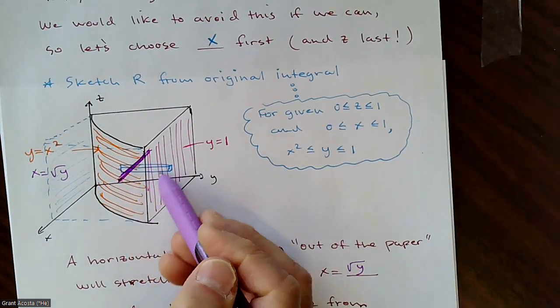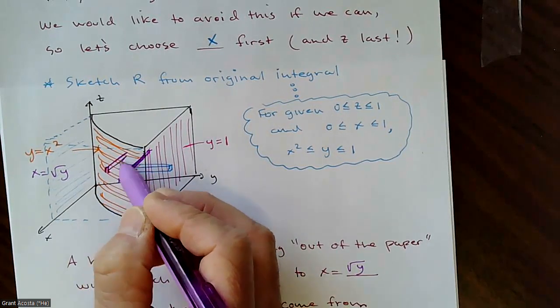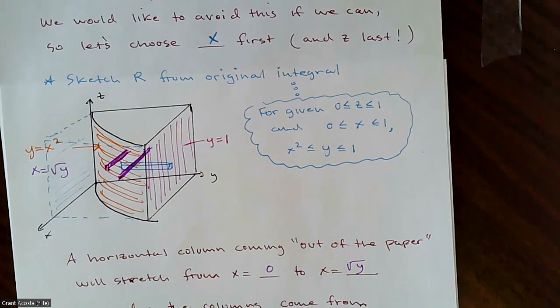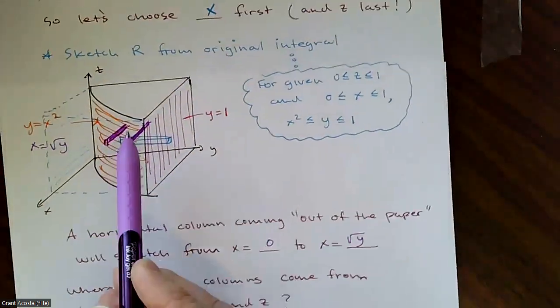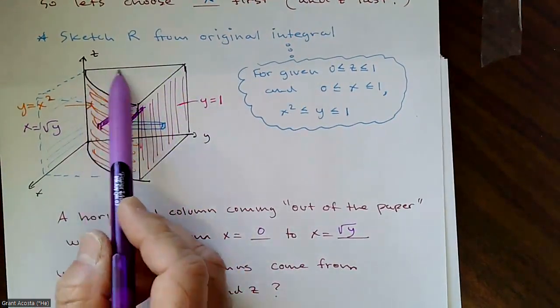That's what a horizontal column would look like coming out of the paper. But where do these columns lie in terms of y and z? They're all going to fit within this back wall here, this square.